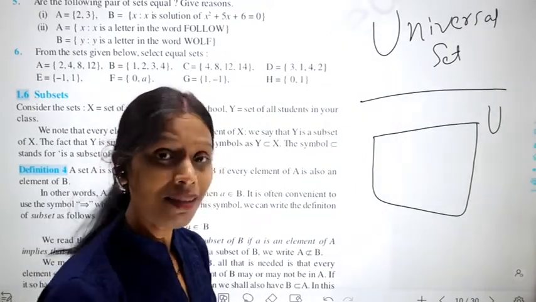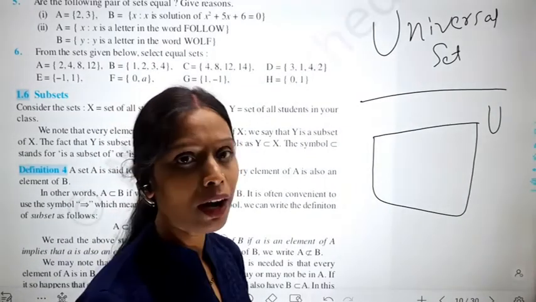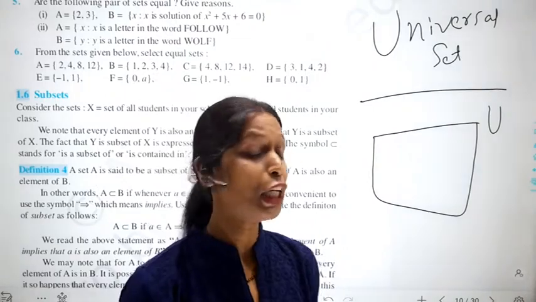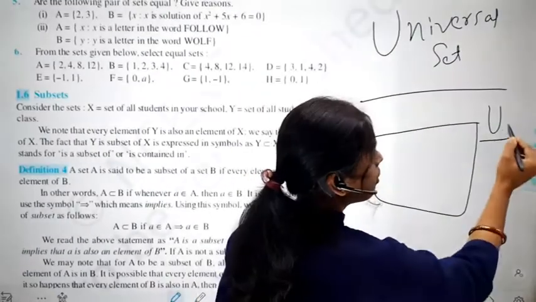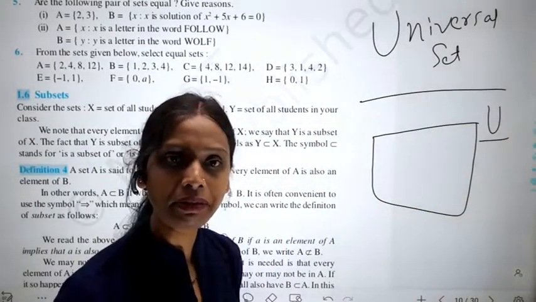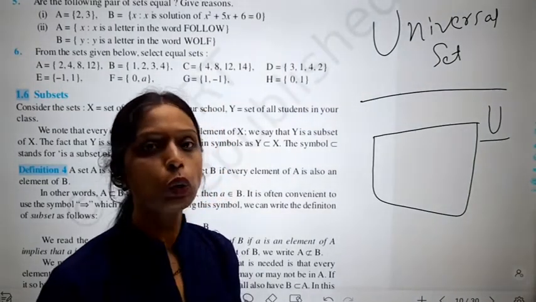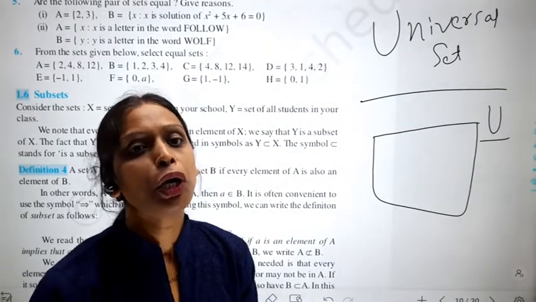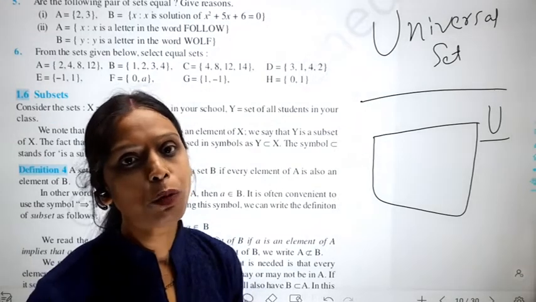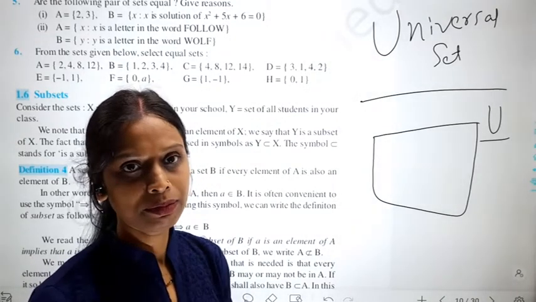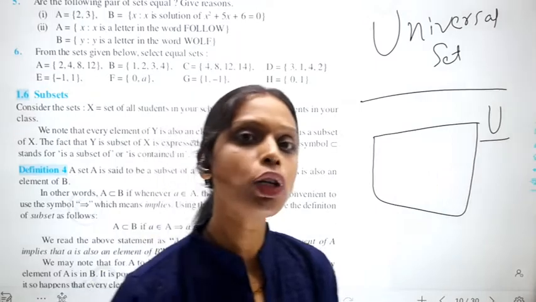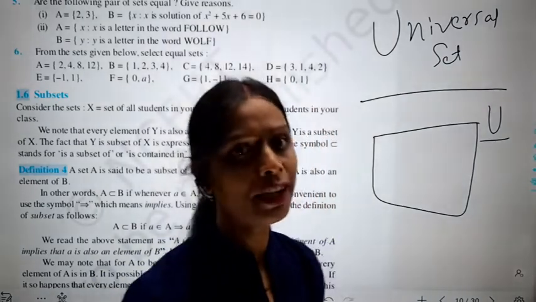Okay? And always remember, whenever you are denoting a universal set, it will be in a capital letter of the English alphabet. Then this is a notion of the subset, universal set, power set, proper set, and superset. Okay, then I think that you have understood all types of set here.